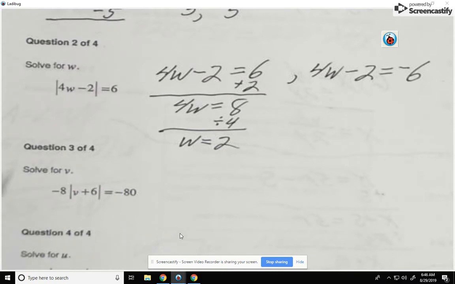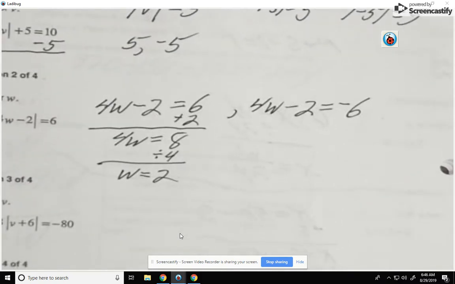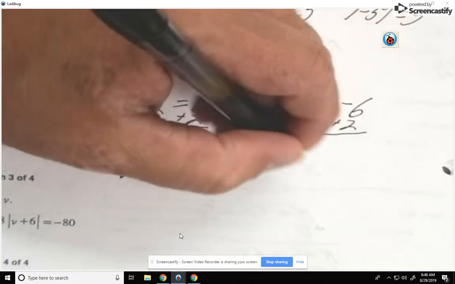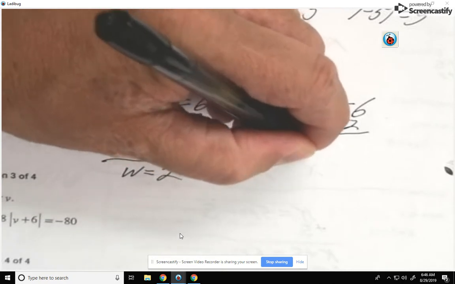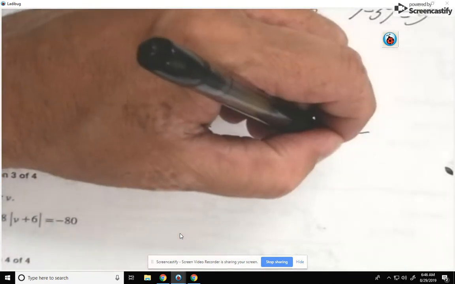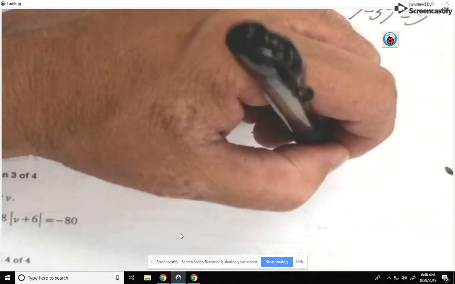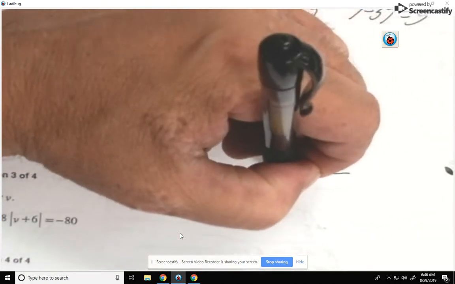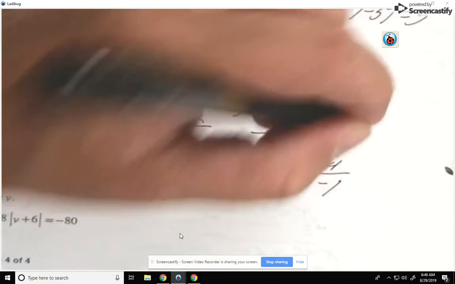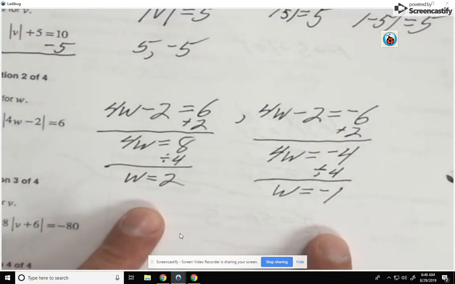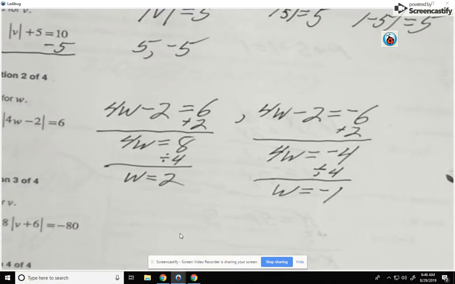Okay, we then move over to the second equation and we're going to do the same two steps. We start off by adding 2 to get 4w equals negative 4. Then we divide through by the 4 to get w equals a negative 1. So in this case, our two answers are 2 and negative 1.